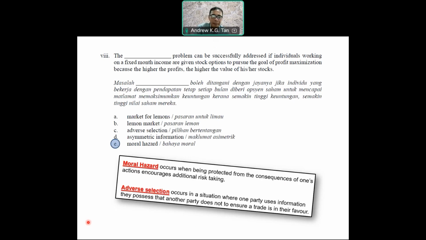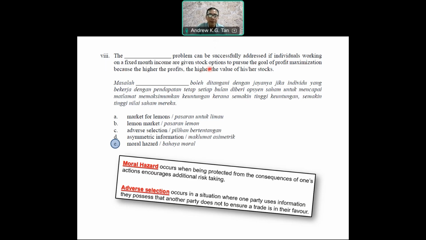Okay, here it is a moral hazard problem, because moral hazard occurs when being protected from the consequences of one's actions encourages additional risk-taking. So in this particular example, if individuals are working on a fixed monthly income, they do not have any incentives to work harder, right?